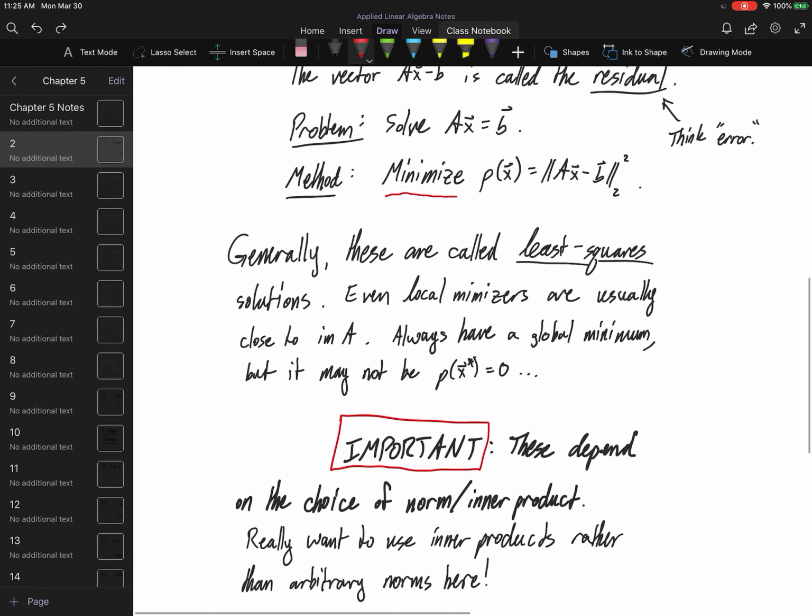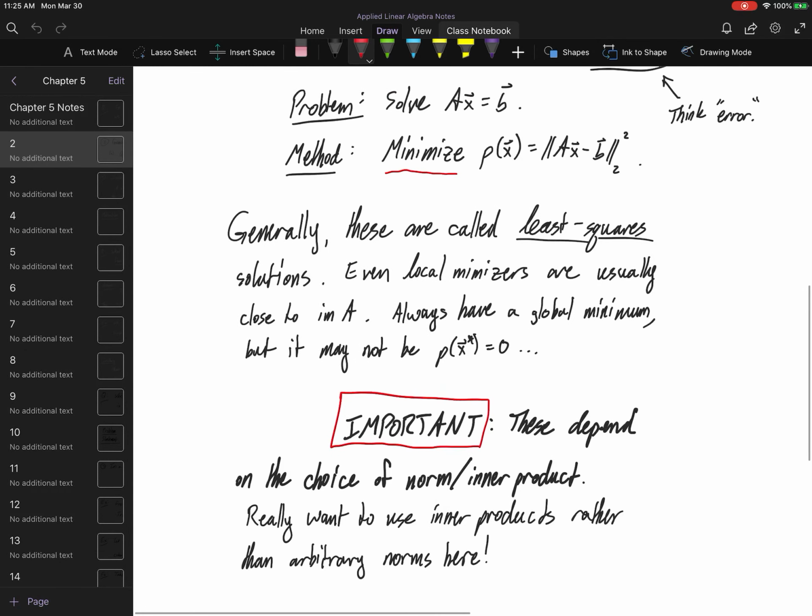So even local minimizers are usually pretty close to the image. We always have some global minimum, but it may not be exactly at 0. And it's very important to remark here that I was using the 2 norm, and this is going to correspond to squares. But what we would like to really distinguish here is that the minimization problem fundamentally changes if we change the norm or the inner product that we're using on our vector space.